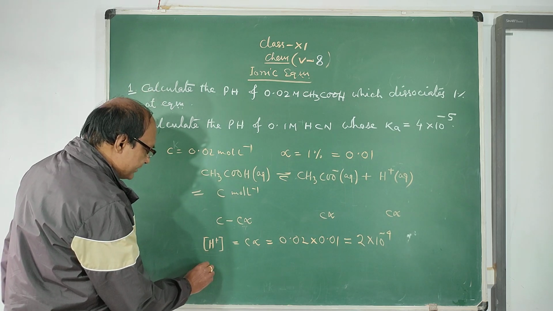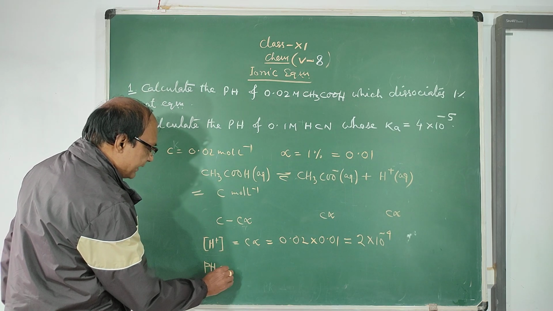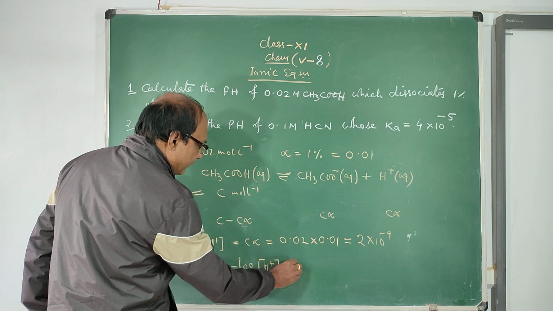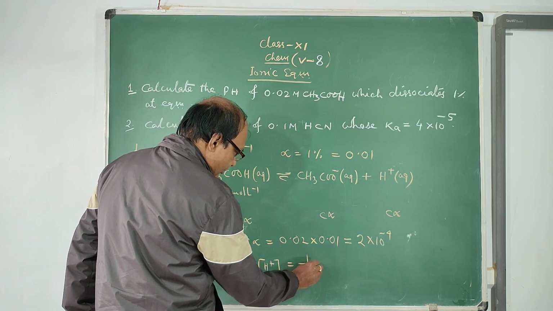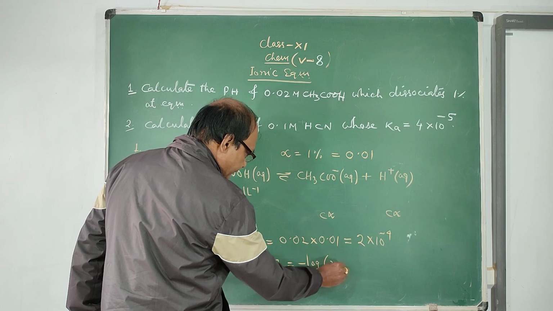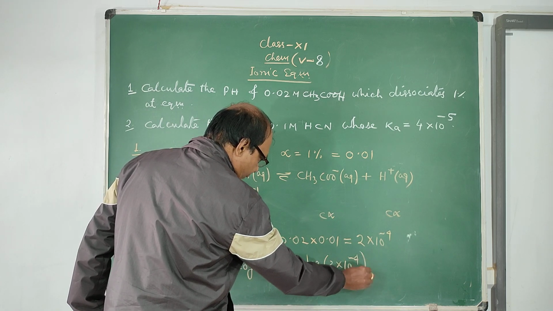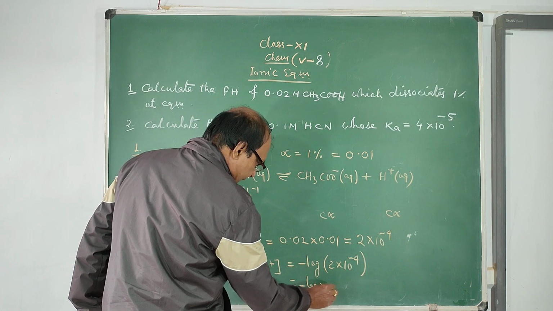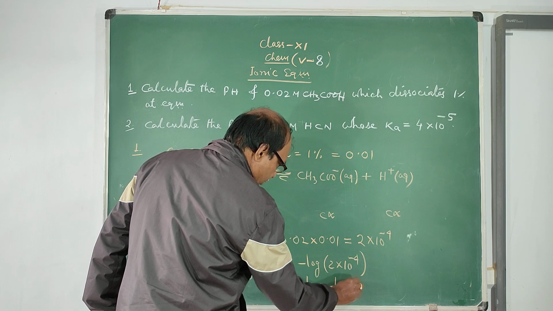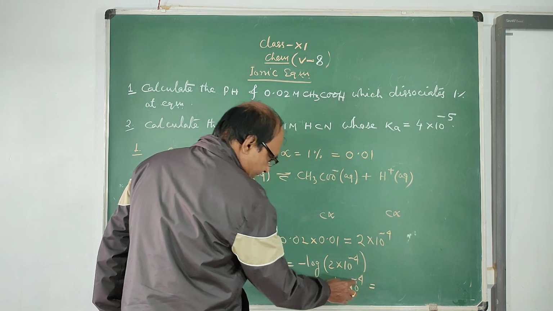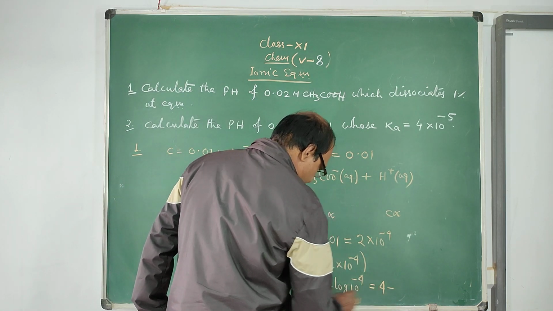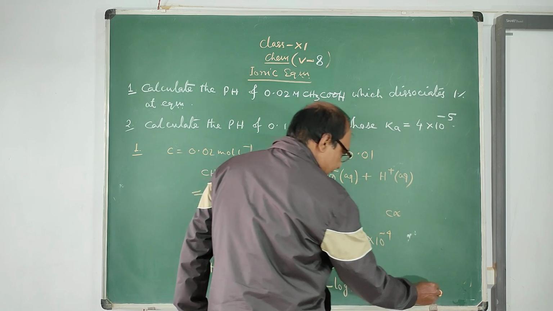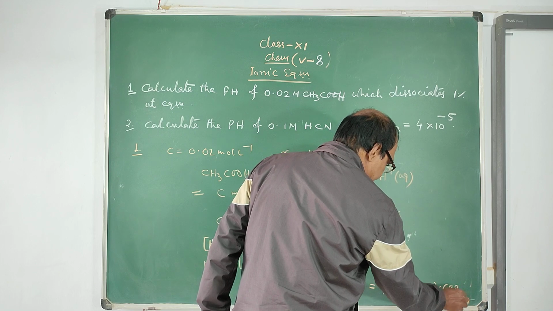Now pH equals negative logarithm of hydrogen ion concentration, minus log of 2 into 10 to the power minus 4. This is equal to minus log 2 minus log 10 to the power minus 4. If you calculate it, this is plus 4 minus log 2, and log 2 is 0.301. This is equal to 3.699.